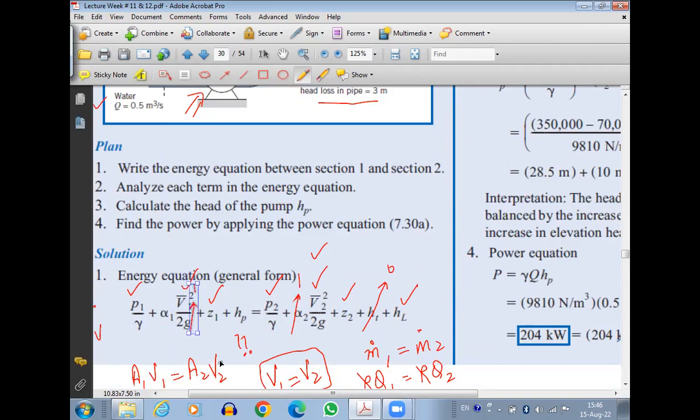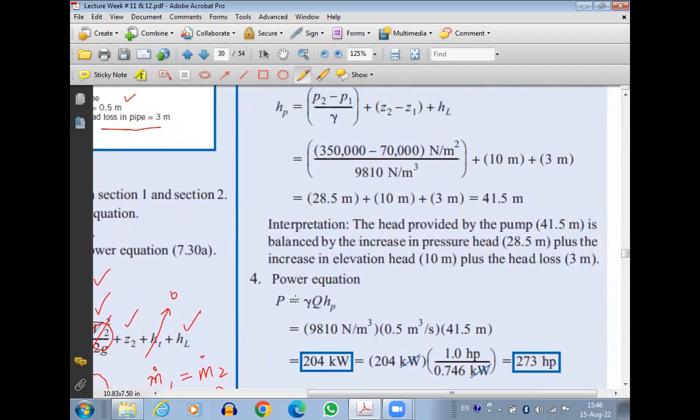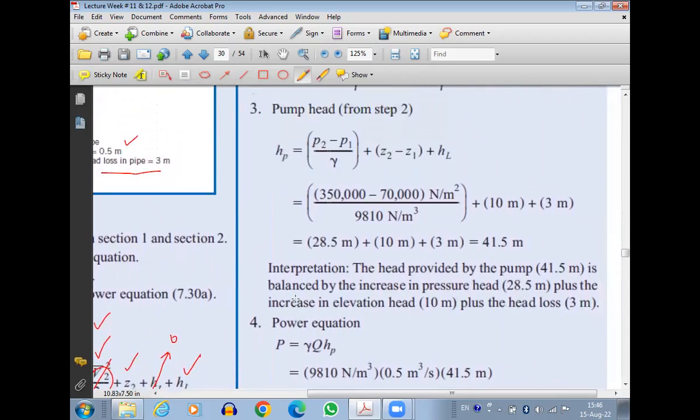So this term will be cancelled by this term. So here they have not calculated what is V1 and what is V2, because they found that it is the same, so we can actually ignore them because they will cancel each other. So the end result comes out to be that the pump head is 41.5 meter.